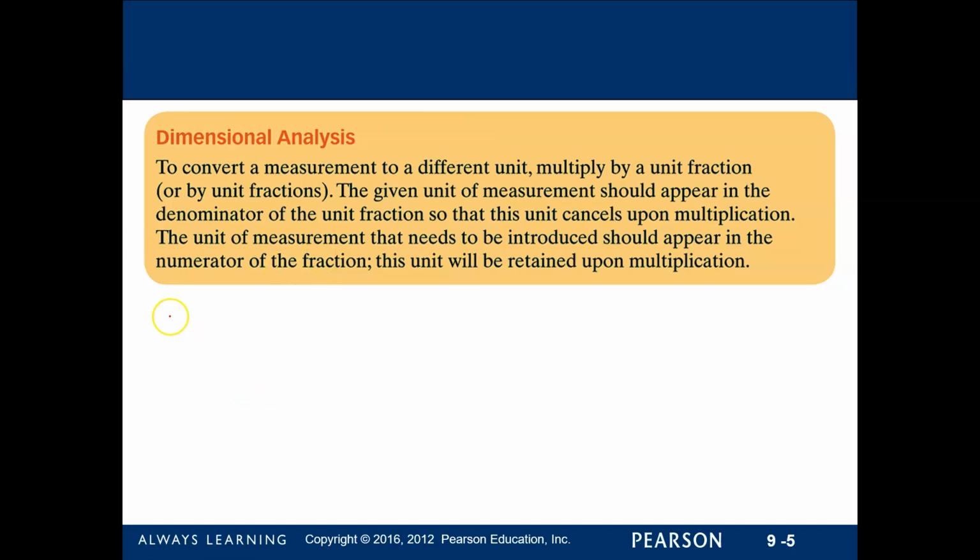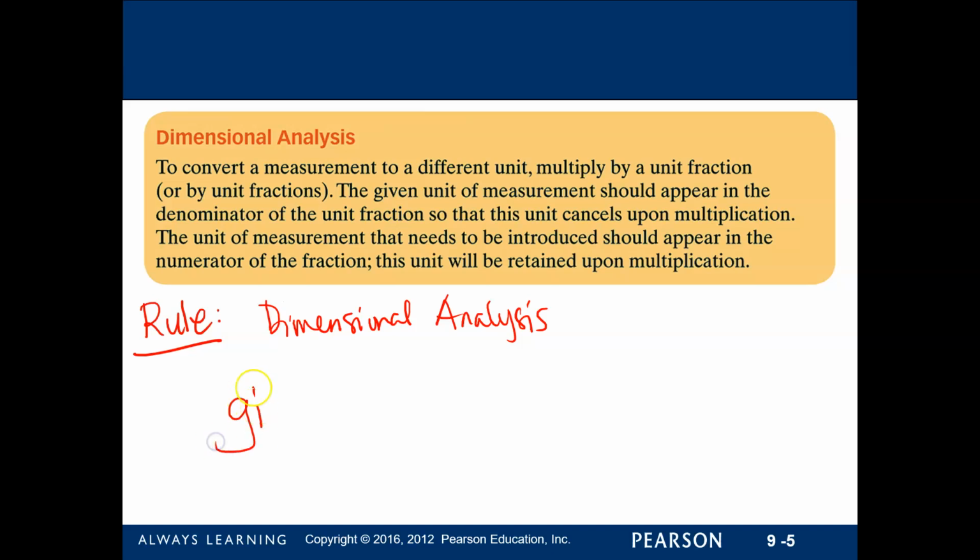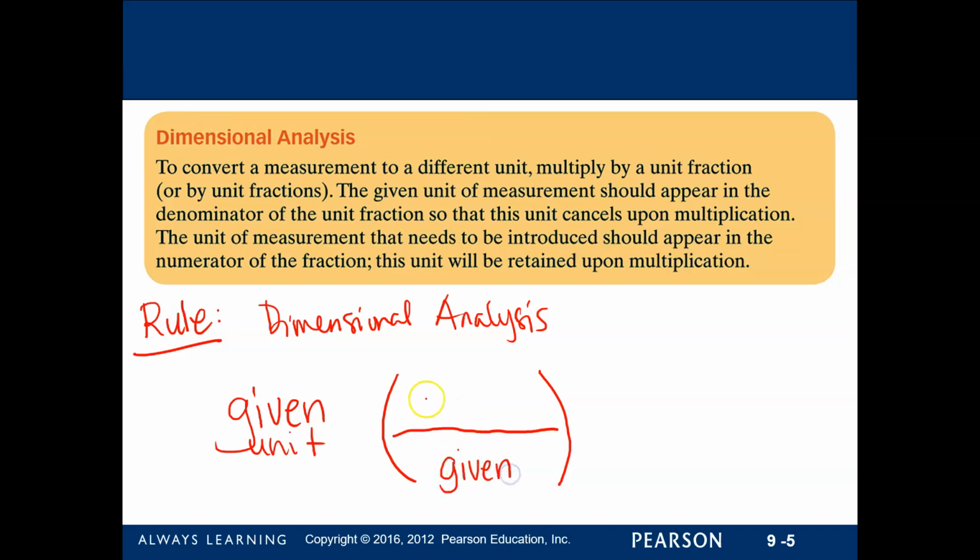So in general, the rule when you are using dimensional analysis is that whatever is the given unit, you need to multiply it with the unit fraction wherein the given unit is at the bottom and the desired unit is on top.